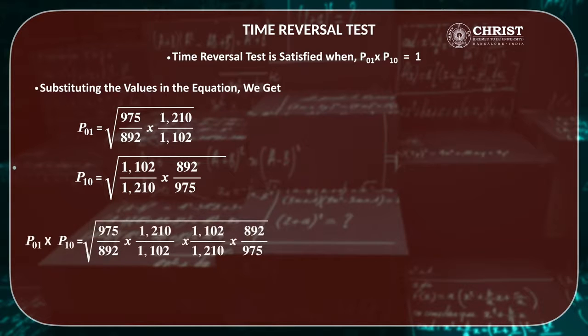That means P01 into P10 is equal to square root of 975 divided by 892 into 1210 divided by 1102 into 1102 divided by 1210 into 892 divided by 975. So all the values will get cancelled. That is equal to root 1, that is equal to 1. That is how we have proved the time reversal test.